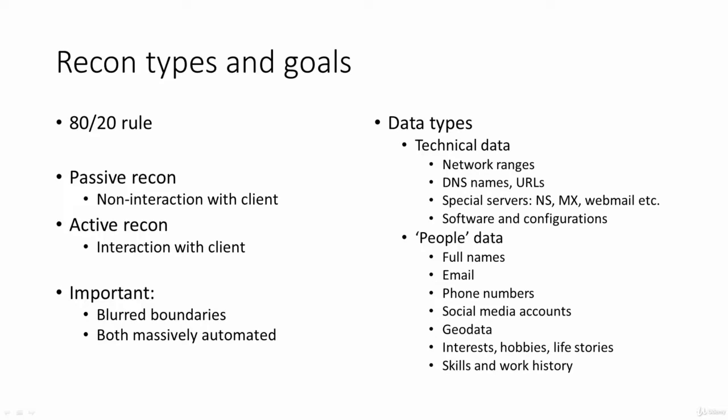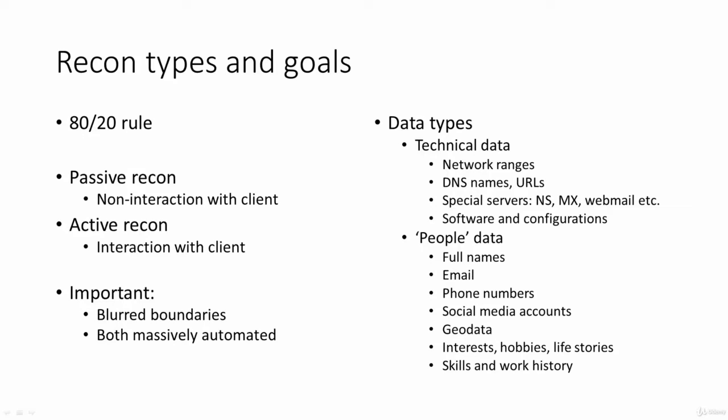You always perform some activities and they just fall into one of these categories. And second of all, you have tools, of course, you automate, and these tools normally do a little bit of both. So there is no just passive reconnaissance category in your toolkit. There is just a tool that can be used for this or for that purpose.